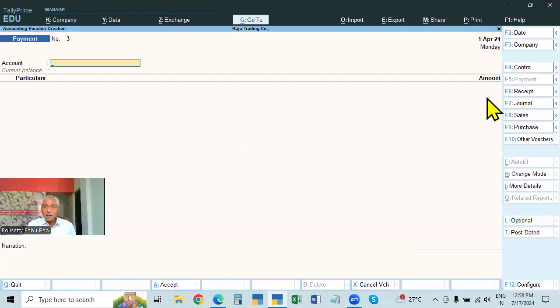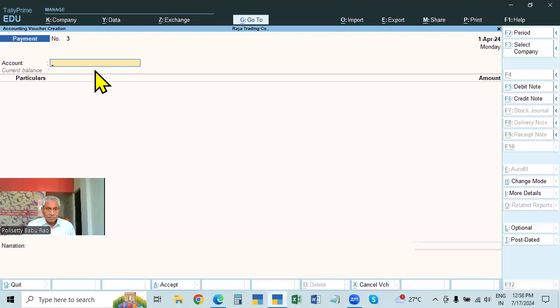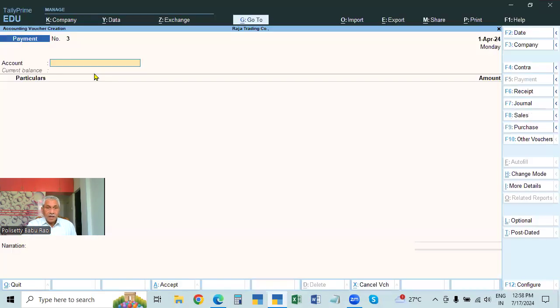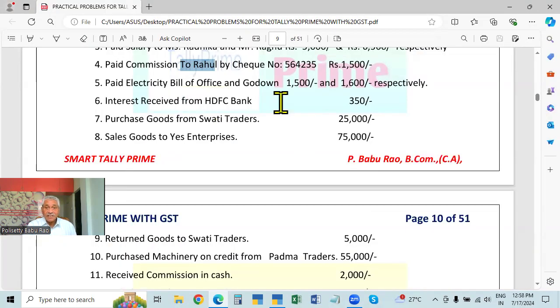So we have to go to the payment, and here, the first one is electricity bill for office. We are paying cash only, nothing is given. By check means bank, otherwise cash.